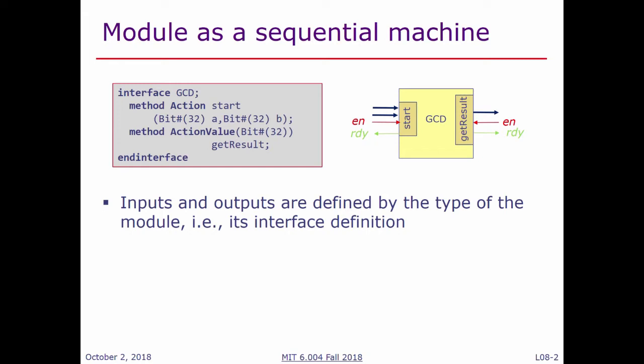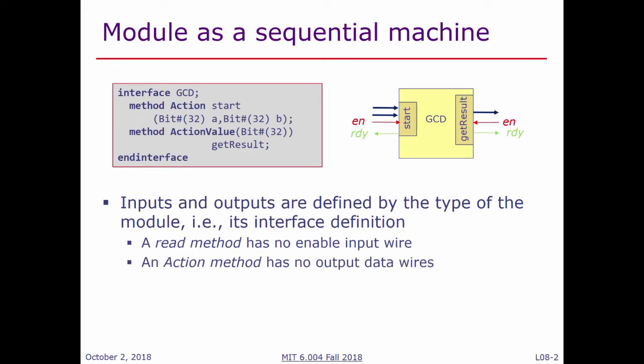So how do we know this? For example, a read method has no input wires. An action method has no output wires, and you can see it in the case of this start method. It's an action method, so it has two inputs as specified by the action interface, A and B. Each of these will be 32 bits wide.